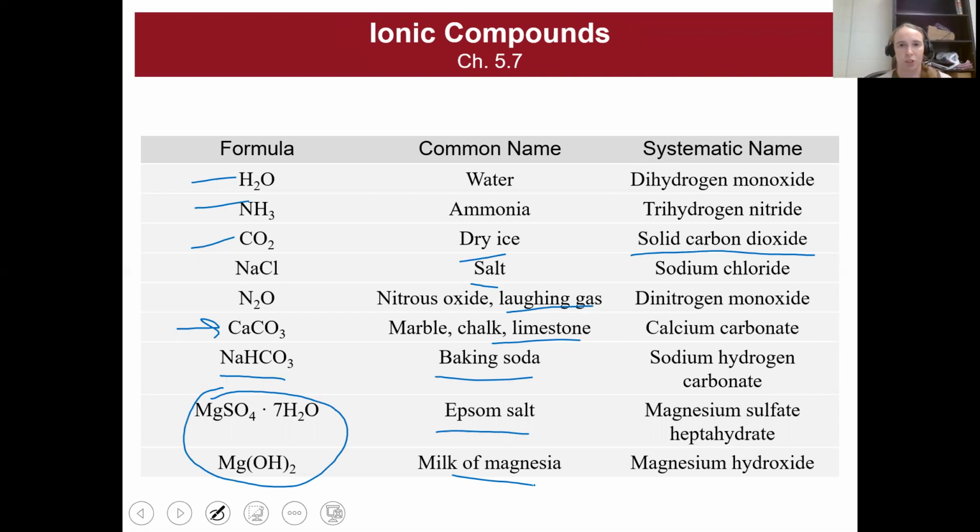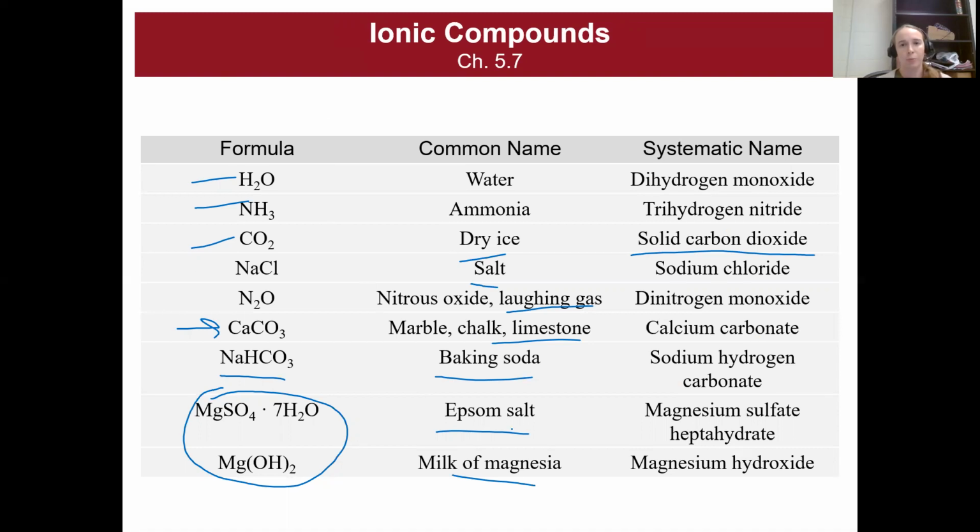So you might have heard of those, you might not, but these are the common names in the middle here. And then the systematic name, which is the nomenclature that we learned in this chapter for those compounds, and their formulas over here on the left.